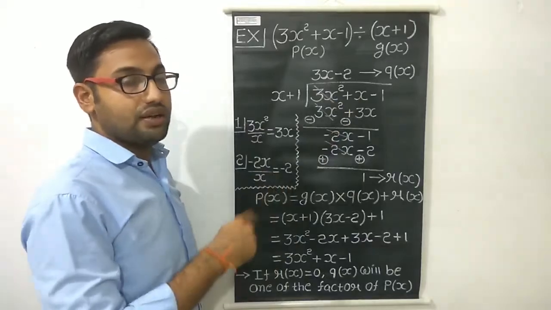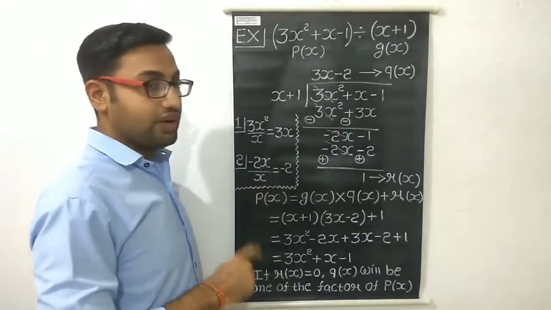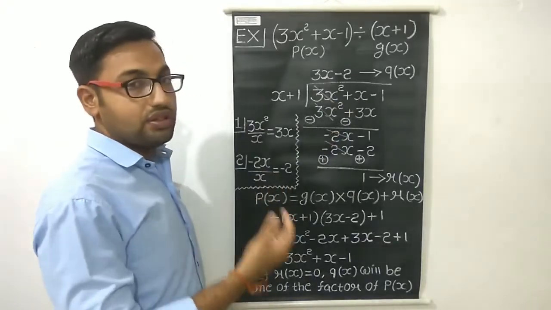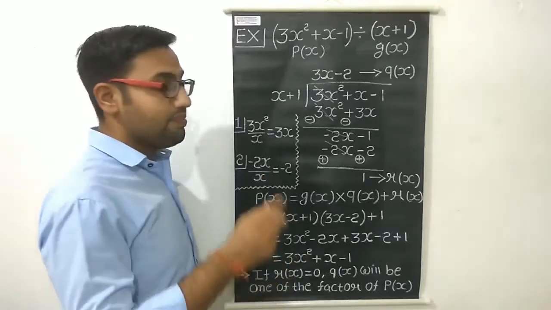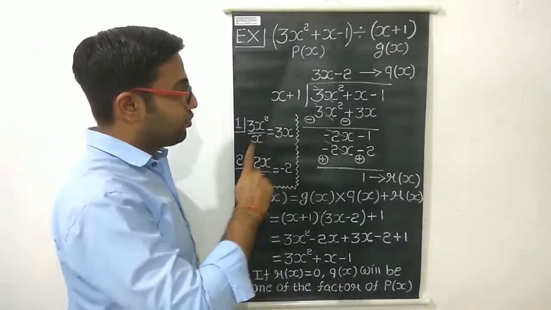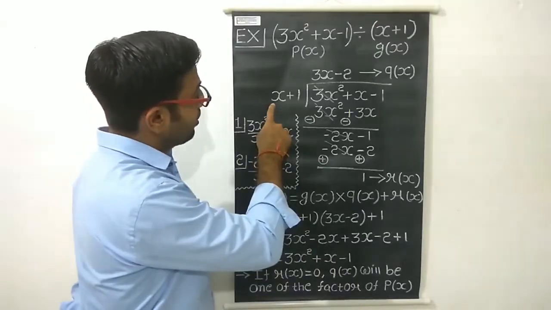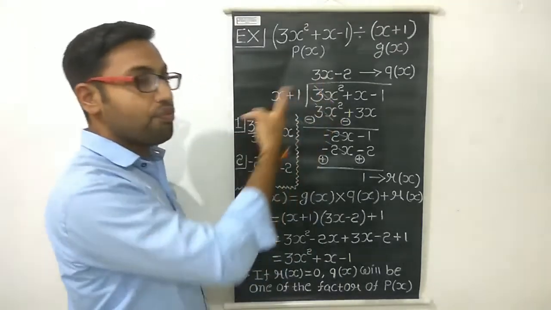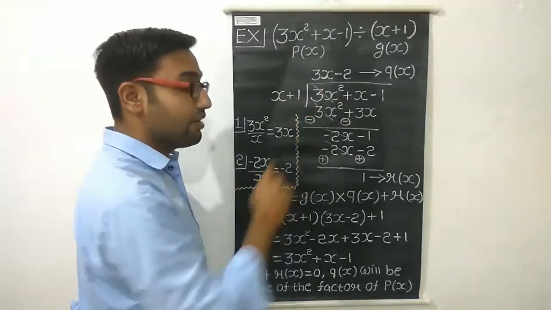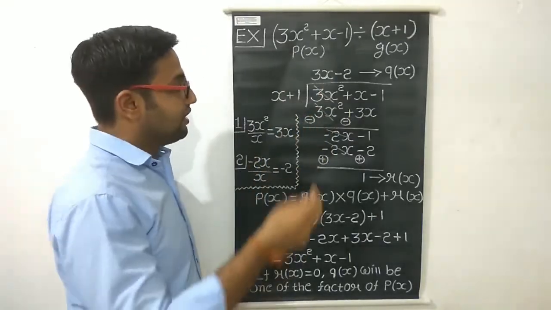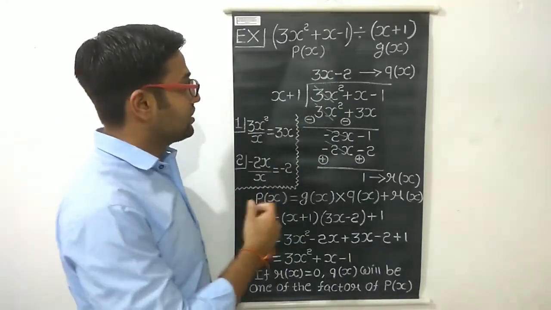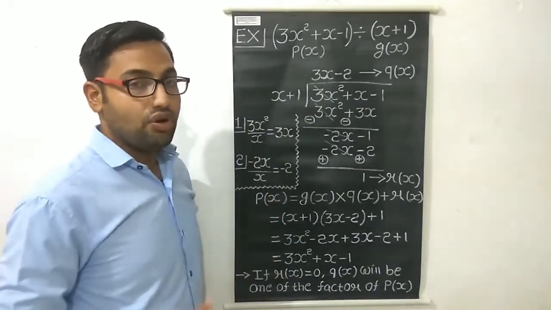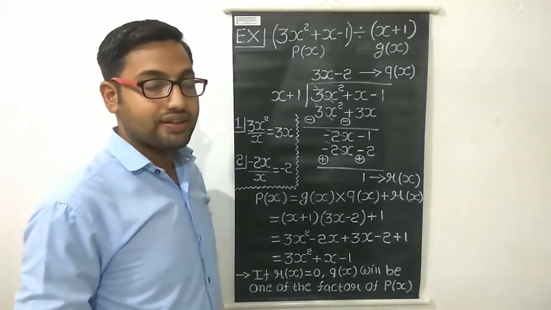As I have said, for digits, when we divide 24 by 5 or whatever number, if the remainder becomes 0, then the two numbers, divisor and quotient, both become factors of the given number. In the same way, the same thing will apply in polynomials. Okay? So this is all about the division of polynomials. Okay? Thank you.